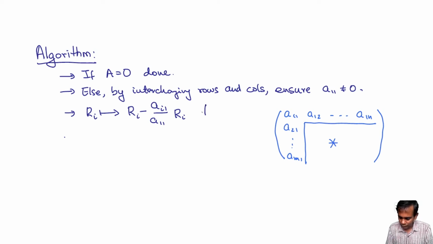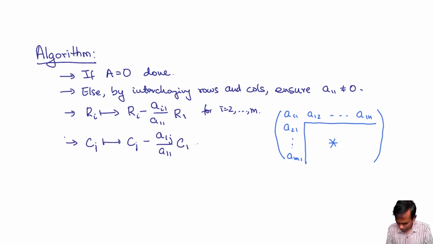And so you do this for i equals 2 to m, and then what you also do is Cj goes to Cj minus A1j by A11 times C1. Sorry, this should be R1 and this should be C1, for j goes from 2 to n. And so now what you've got is you've taken this matrix and you've made all these entries 0.